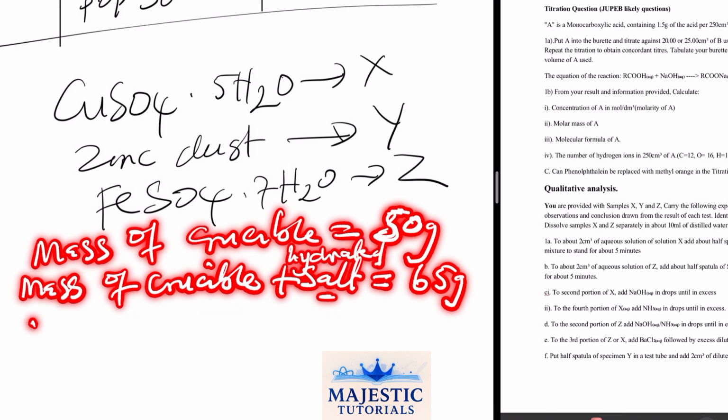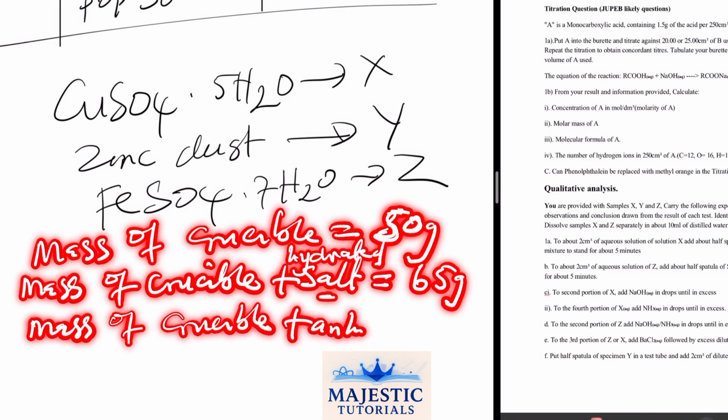Hydrated salt. Then mass of crucible plus anhydrous salt, that is after the color has turned white. If you heat the blue sulfate, it turns white, which means water of crystallization is gone. Plus anhydrous salt, you will get definitely something less.